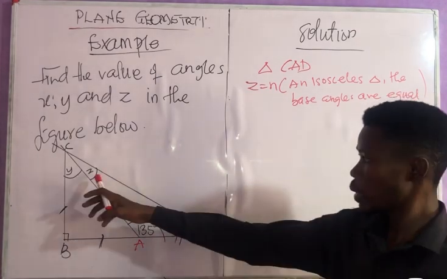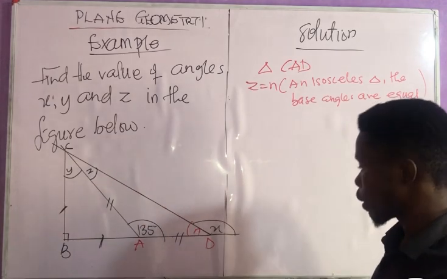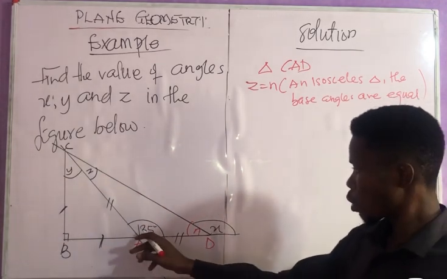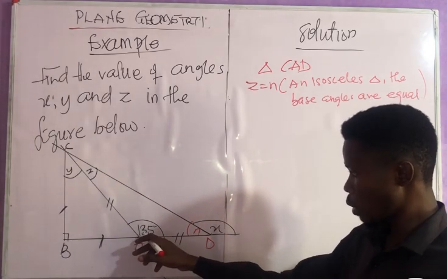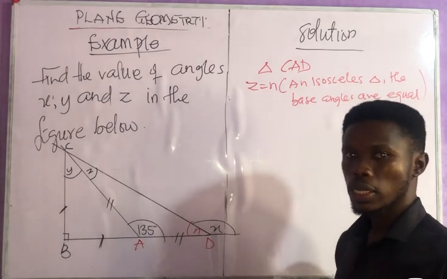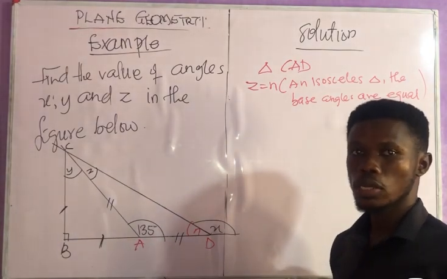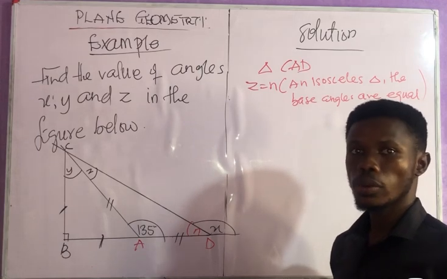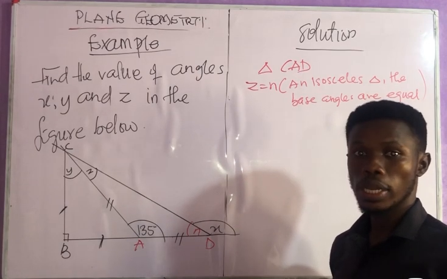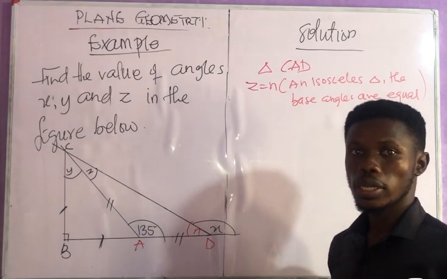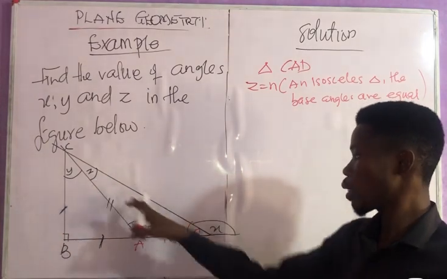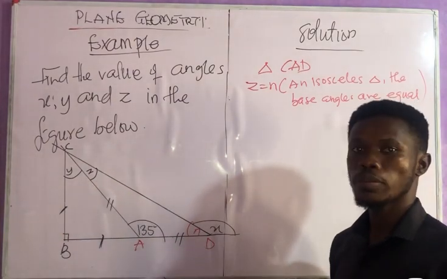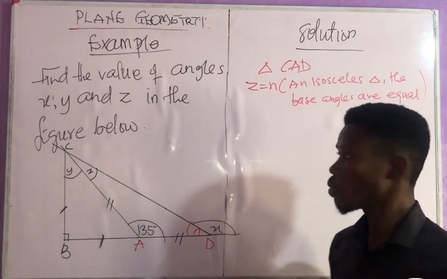So if this is equal to that, then we also consider the angle here. We know that the sum of interior angles of a triangle sums up to 180 degrees. So 1, 2, 3, if I sum them, it will be 180 degrees.